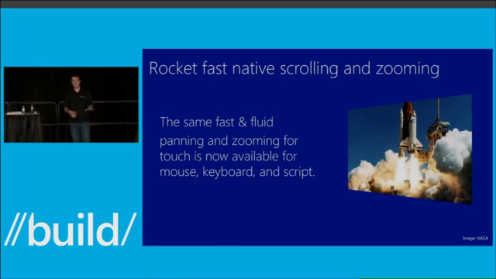In IE 10, we built a hardware-accelerated pipeline that has industry-leading panning and zooming performance. And in IE 11, we're taking that same technology and we're actually bringing it to mouse wheels, touchpads, keyboards, and even JavaScript. And when you do this, you'll get tremendously better experience.